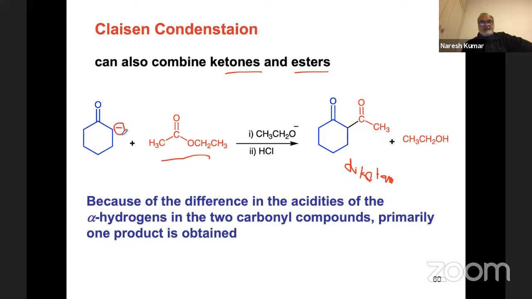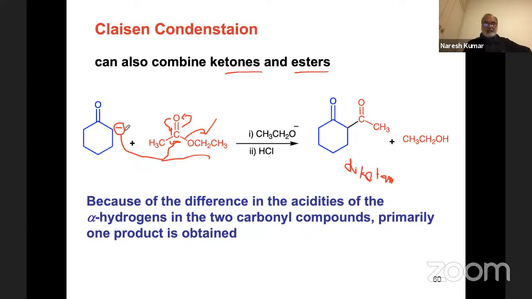You generate this, you attack that carbonyl over here, and you move that pair of electrons across. This pair will come back here, and then this group will get kicked out to give you the corresponding diketone compound, where CH3CO comes from this red ester, and the ketone is present as it is.